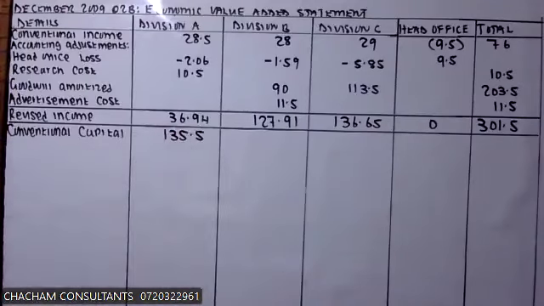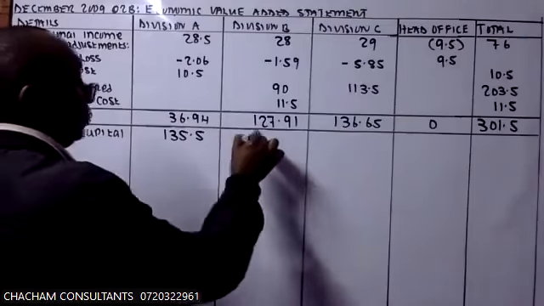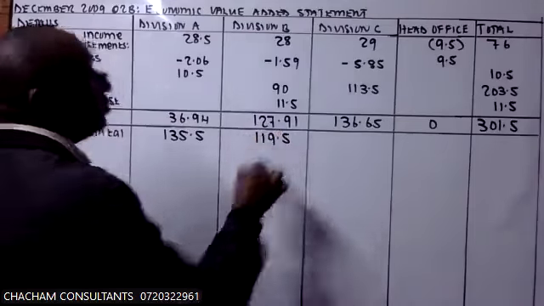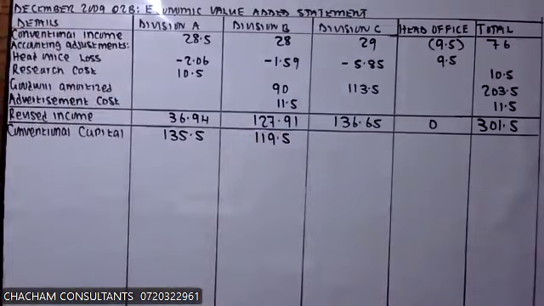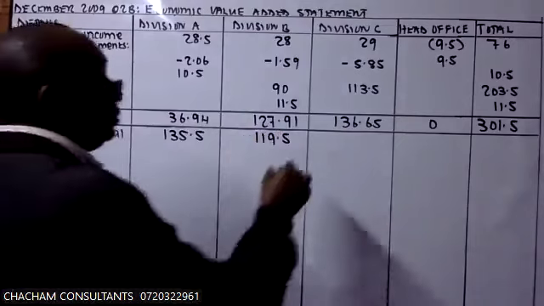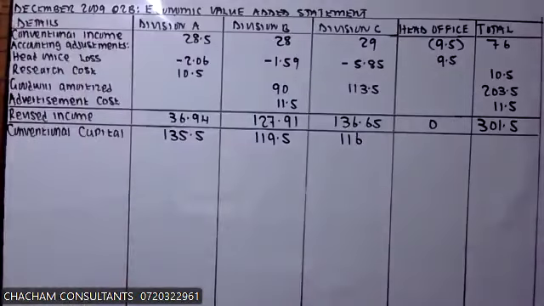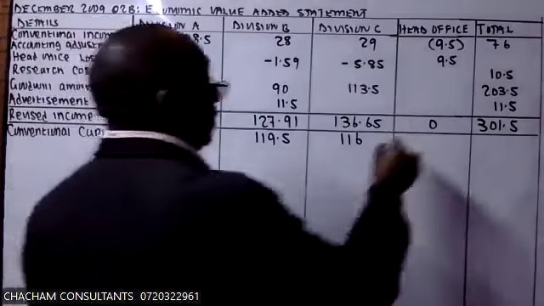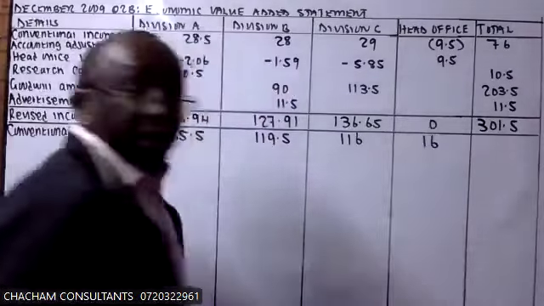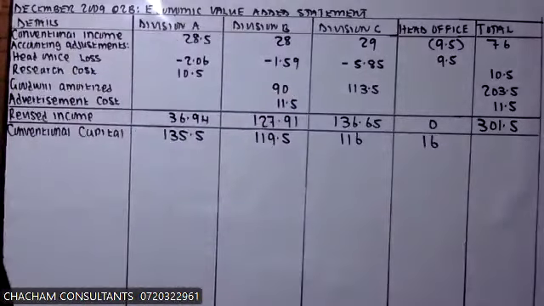B has 119.5. C has 116. Head office has 16. And the total is 387.